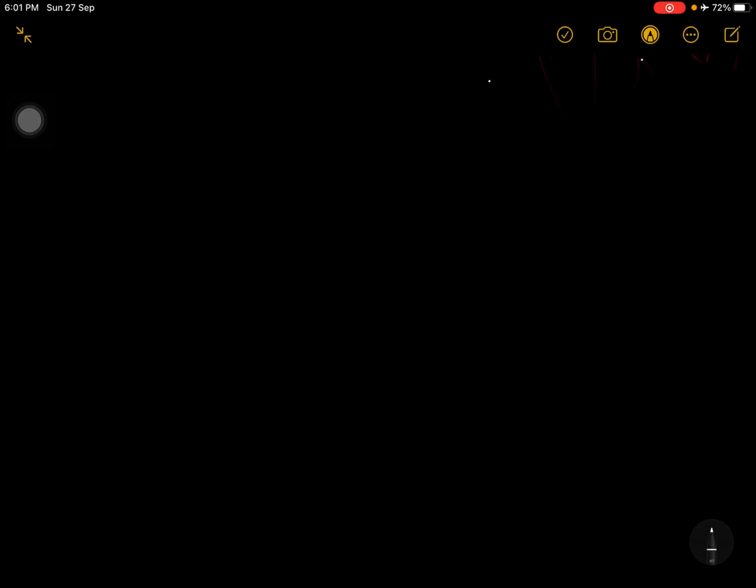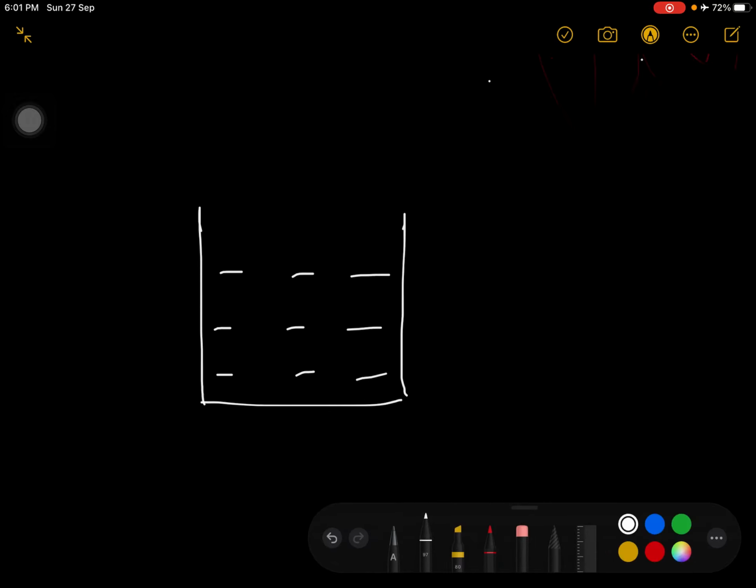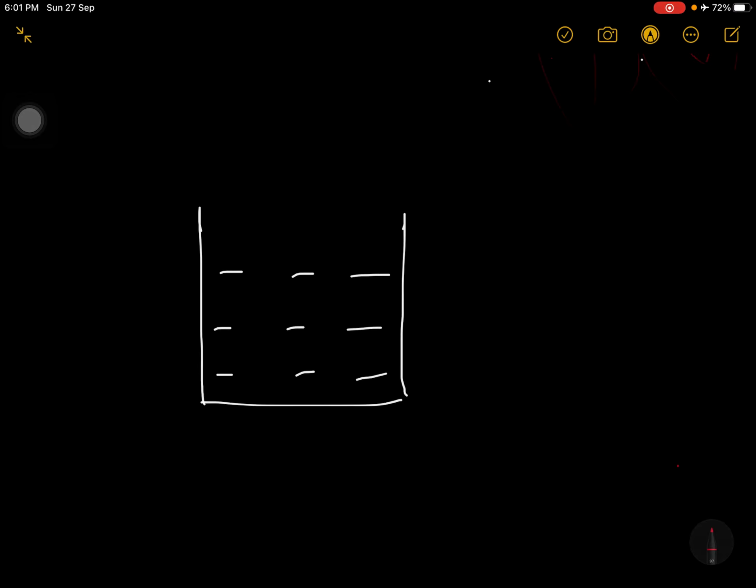Let us assume we take a container with a fluid in it, and the acceleration of the fluid is upwards.